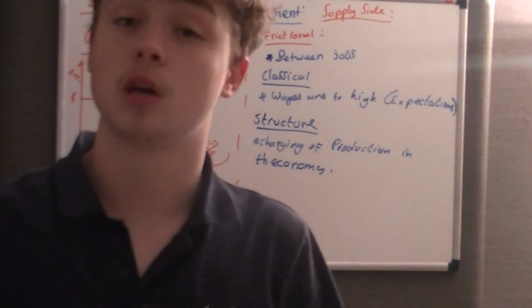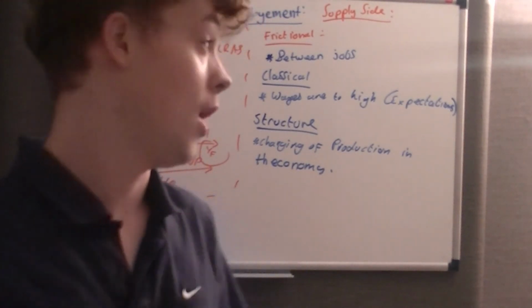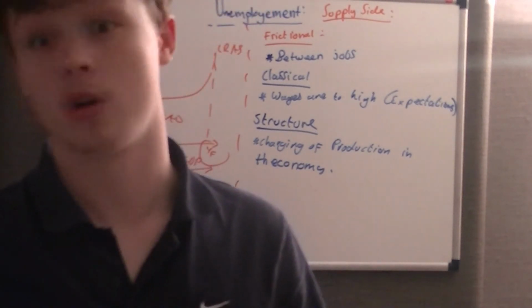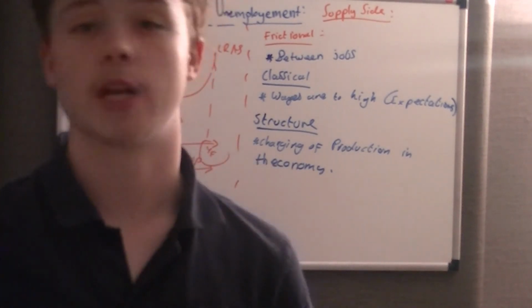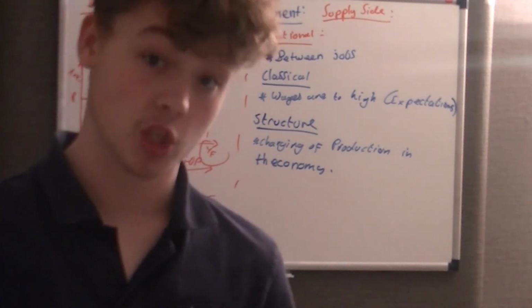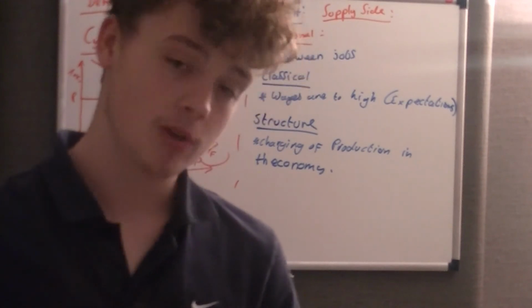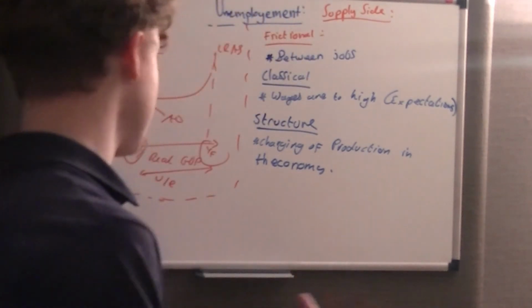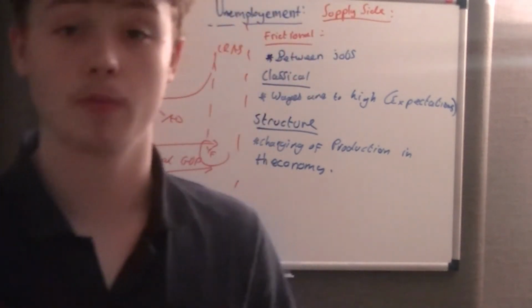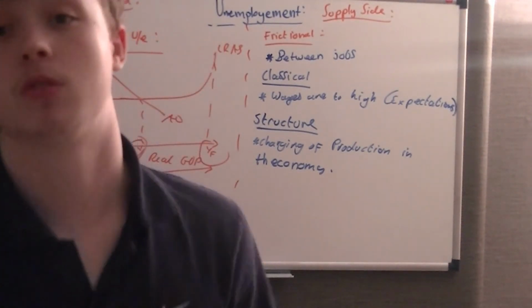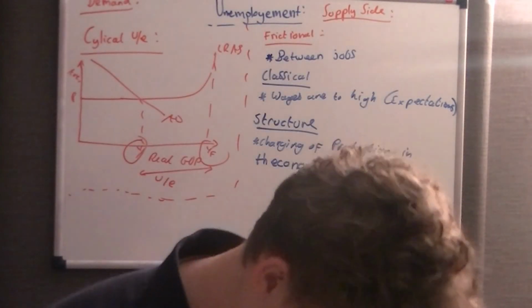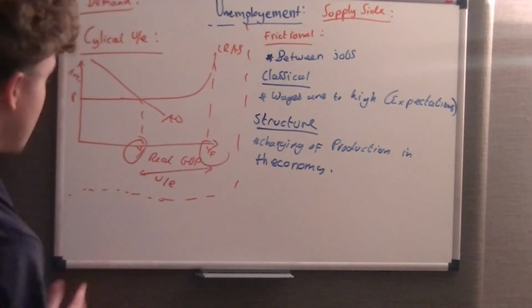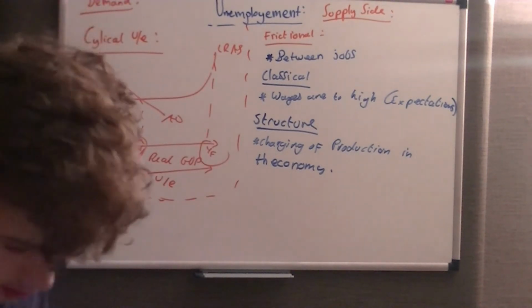Structural, I could have changed my skills, but I want to remain out of work because I can't be bothered retraining myself and learning new skills to adapt to the changing economy. So the other three you can say are voluntary unemployment. However, you can't say cyclical is voluntary because people are being forced out of their jobs due to demand, as labour drives demand, as I said. So that's the key things you need to know.